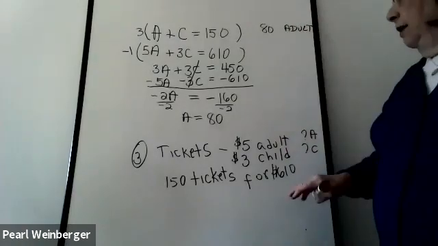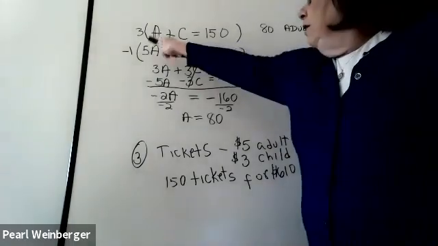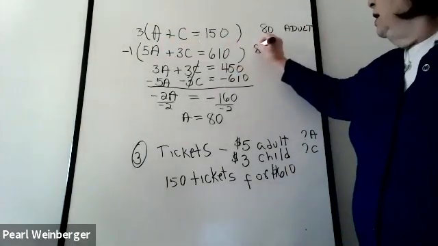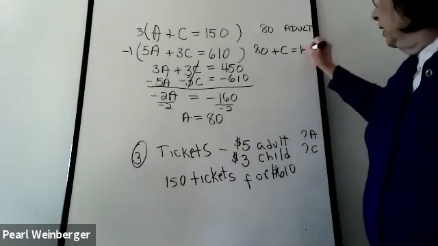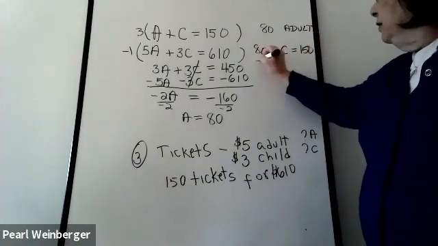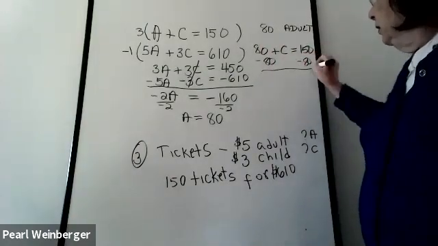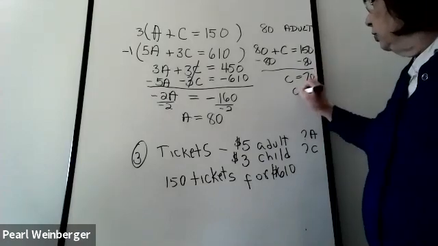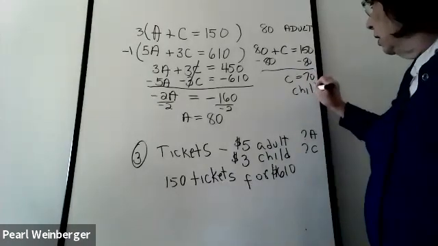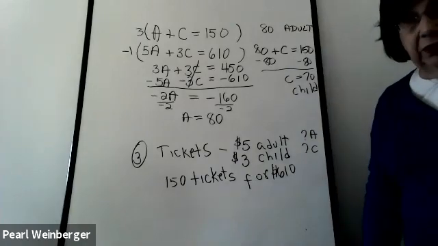To find out how many children's tickets were sold, let's substitute the A over here. So 80 plus C equals 150. And if I subtract 80 from both sides, I'll get C equals 70. So 70 children's tickets were sold. So that's the solution to this system of equations.